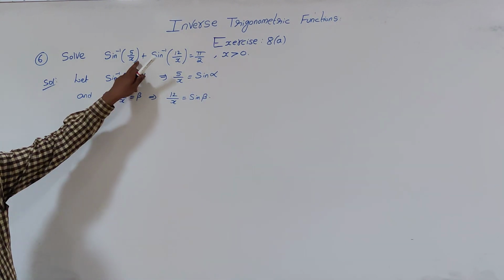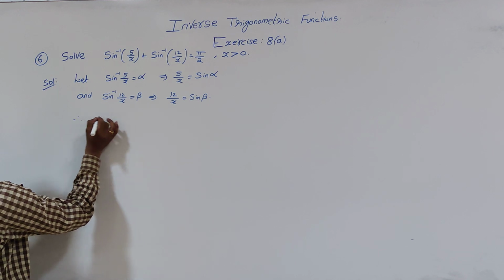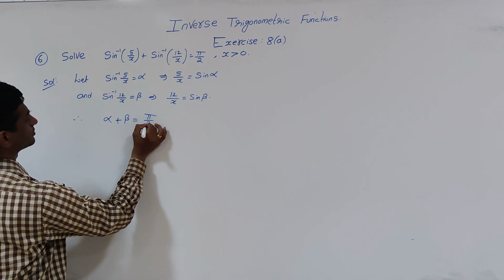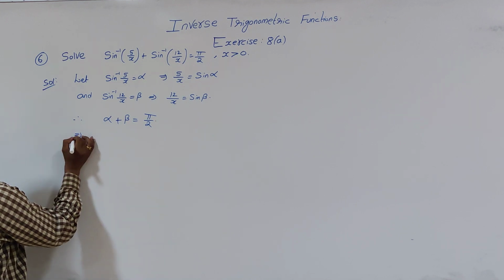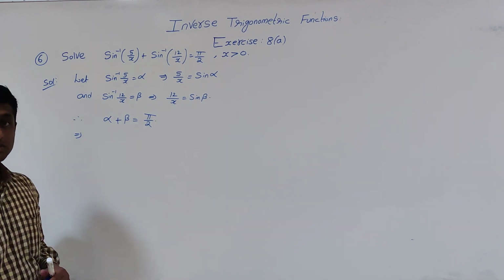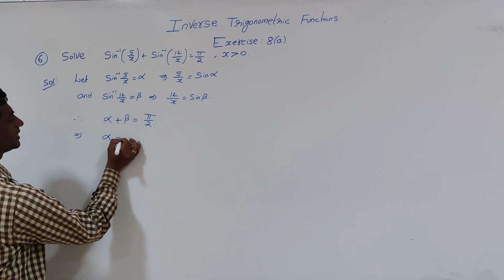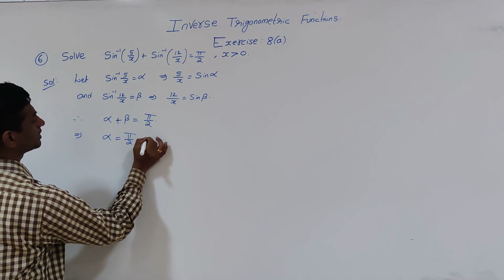So the equation reduces to alpha plus beta is equal to pi by 2, which means the sum of the two angles is complementary. Now alpha can be written as pi by 2 minus beta.